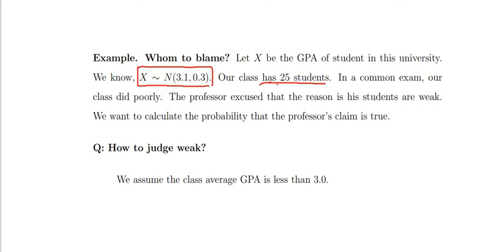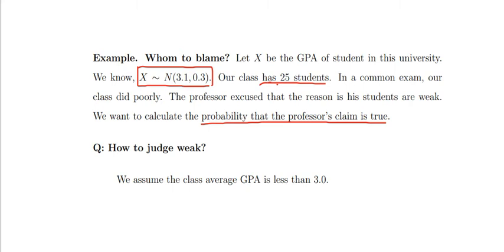So we need to judge whose claim is more likely to be true, so we need to check the probability. We have two cases: either the professor's claim is true or the students' claim is true, right? So how can we make a judgment? We just check the probability.